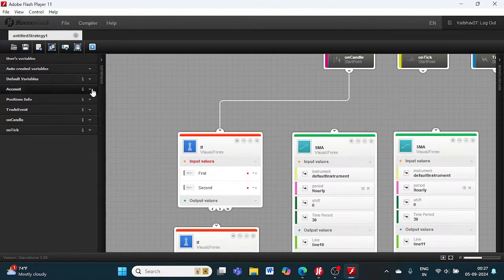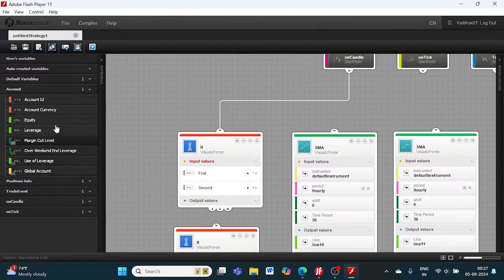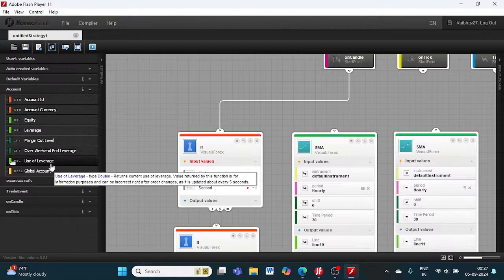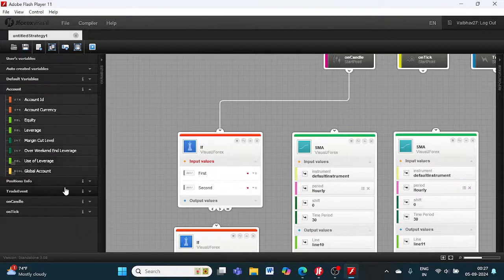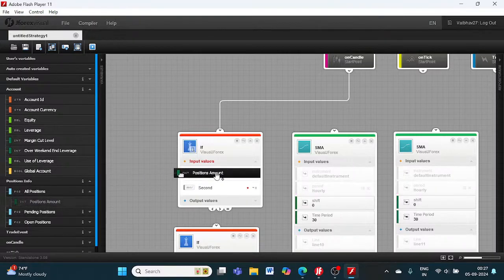Now we want to ensure that there is no existing trade on the account. So for that we need all position amount to be equal to 0.